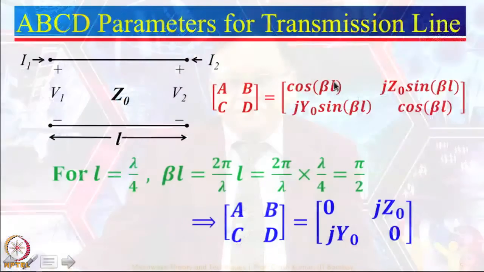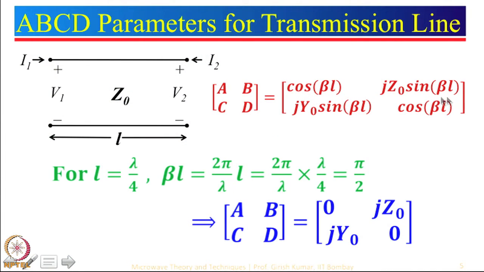So, for cosh(gamma L), what is gamma? Gamma is alpha plus j beta. Alpha will be negligible, or alpha is equal to 0 for an ideal transmission line. So, cosh(gamma L) will become cos(beta L), and sinh(gamma L) will become j sin(beta L). So, this is the ABCD matrix for a transmission line.